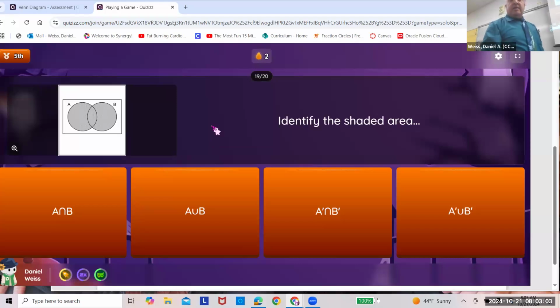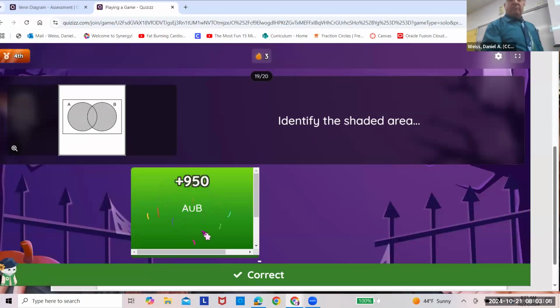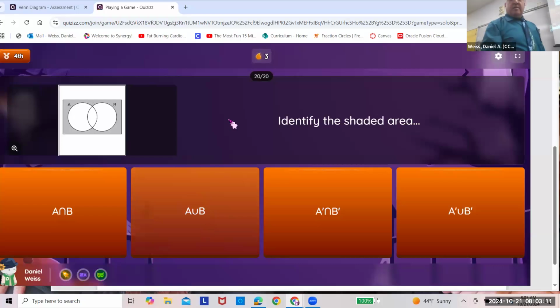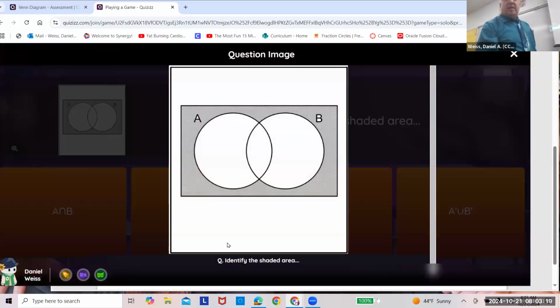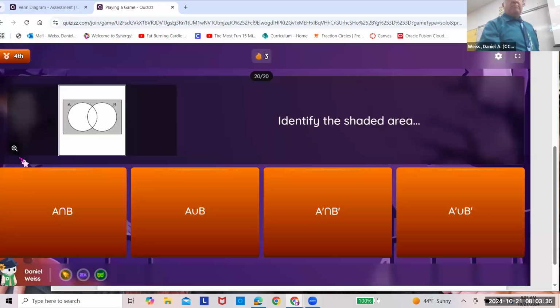And this is going to be the union of A and B. So this will be not A or B. So it's going to have that little prime, that little apostrophe. Here, not A.